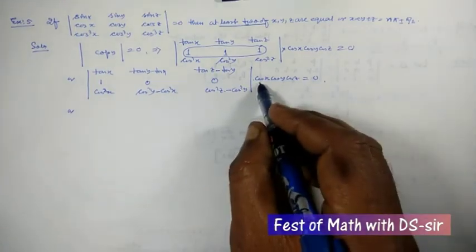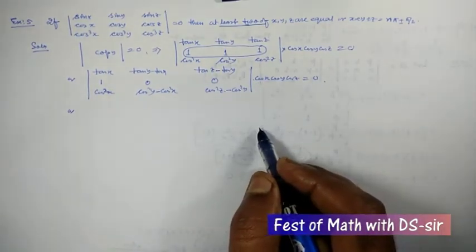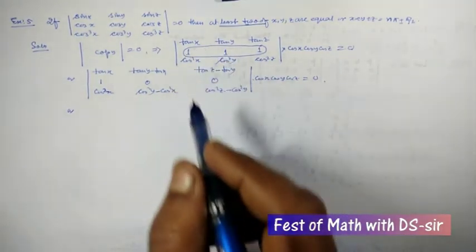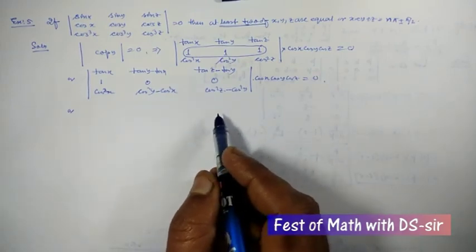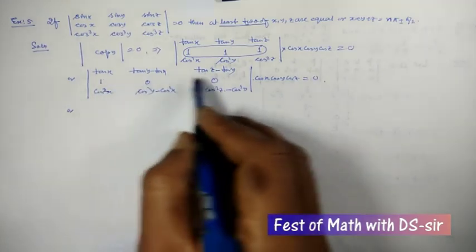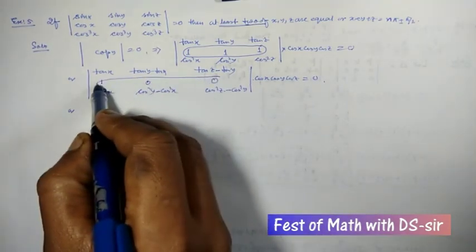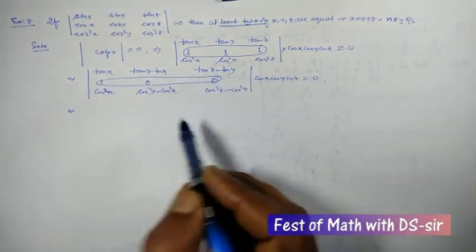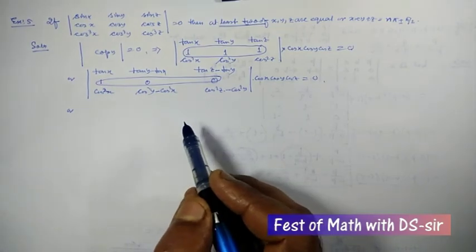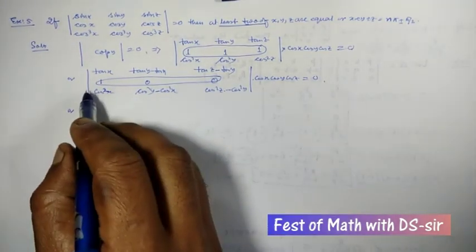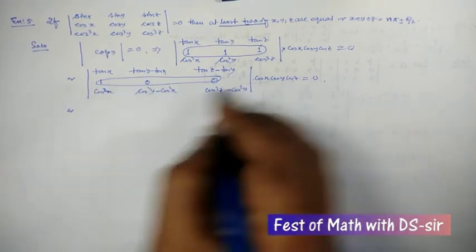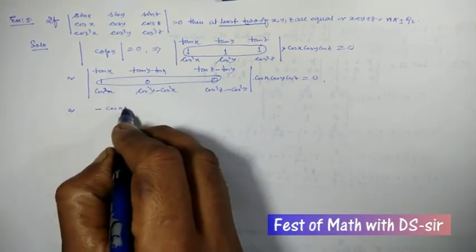You can't claim cos x is equal to 0 here, because if cos x is 0, you can't divide by it. Now what happened? A row with only one non-zero element is achieved. So I will expand it with respect to second row.